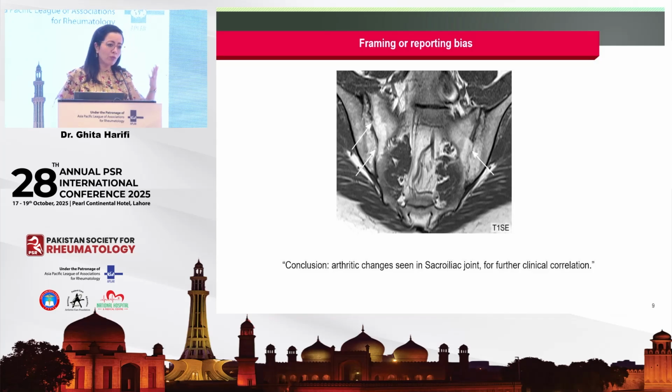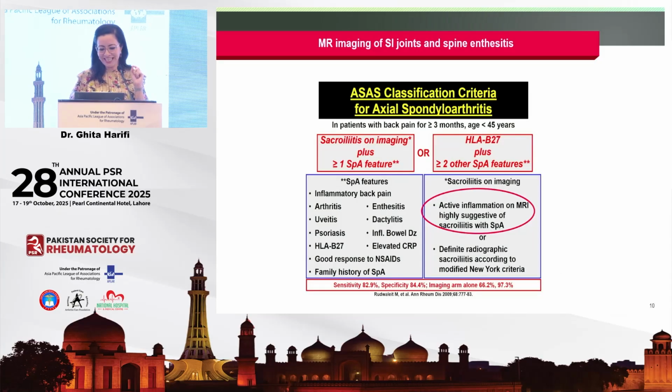One of the typical situations that we rheumatologists dread the most is to get a report like this saying arthritic changes seen in sacroiliac joints, for further clinical correlation. We hate that. If there are any radiologists in the room, just be aware that we rheumatologists hate these kinds of conclusions. Now, let's go to the MR imaging of sacroiliac joints and spine enthesitis.